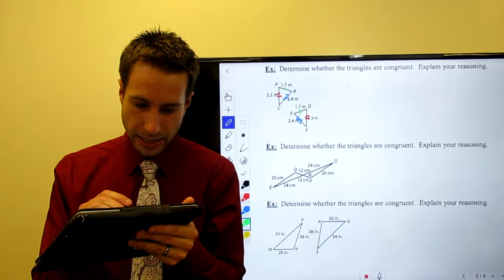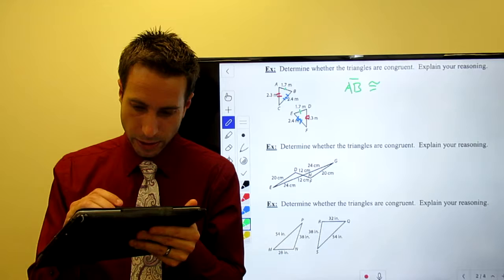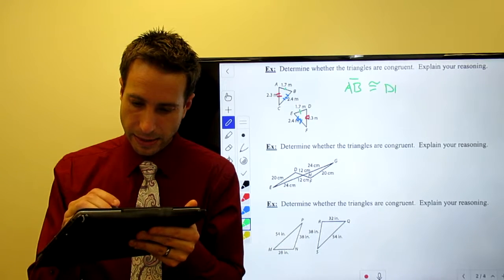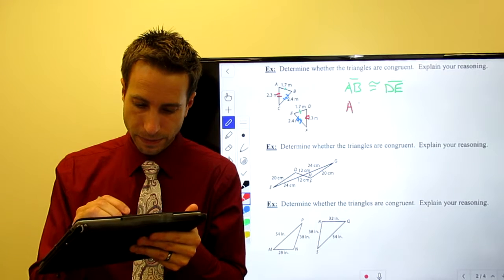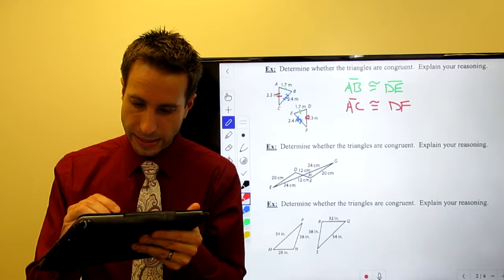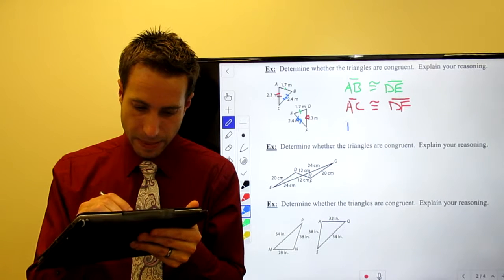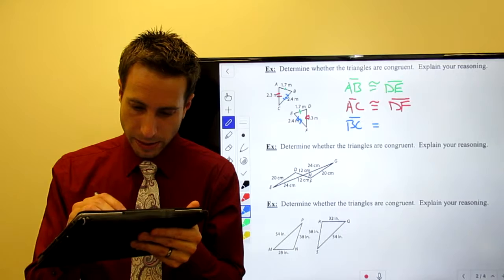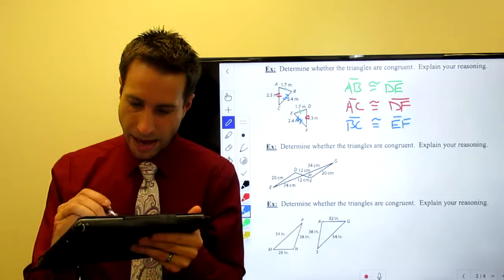I know that side AB is congruent to side DE. I know that side AC is congruent to side DF. And I know that side BC is congruent to side EF.